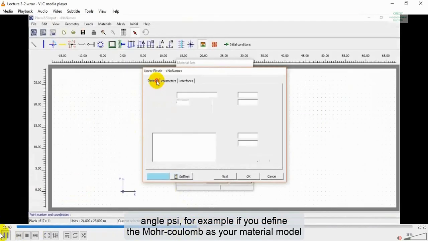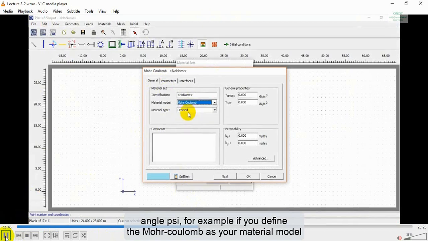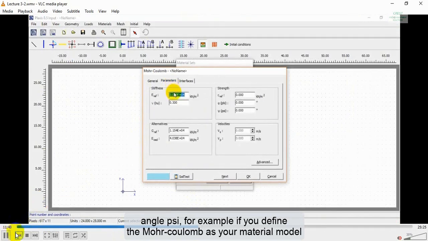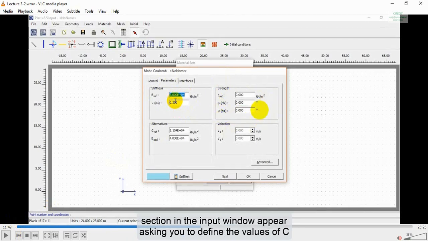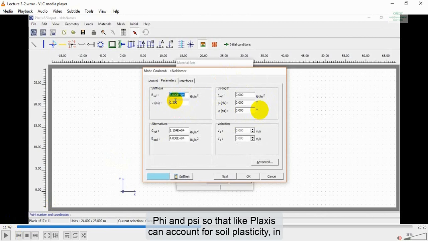For example, if you define Mohr-Coulomb as your material model in Plaxis, you will find that both E and mu are the same. However, an additional section in the input window asks you to define the values of C, phi, and psi, so that Plaxis can account for the soil plasticity.